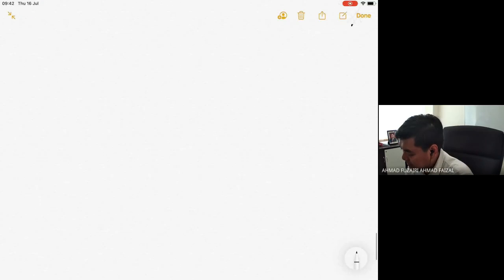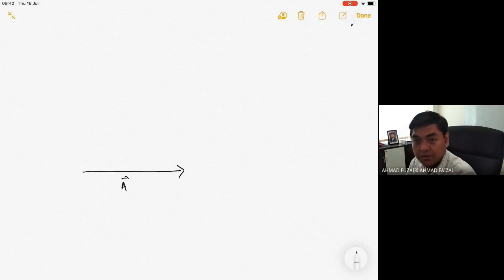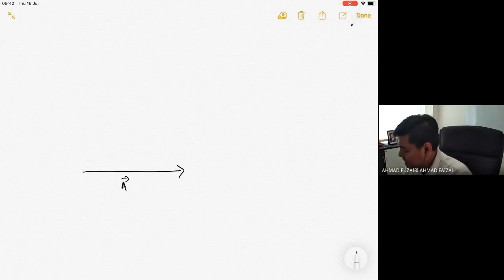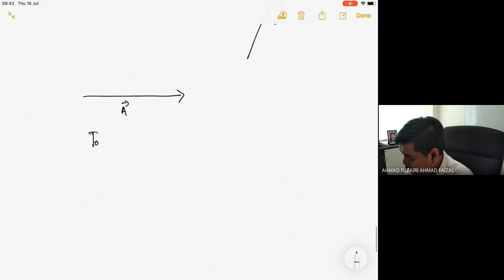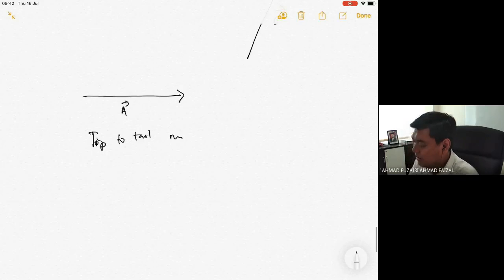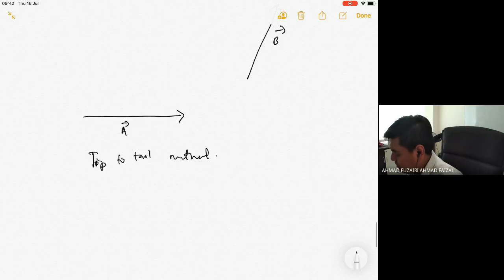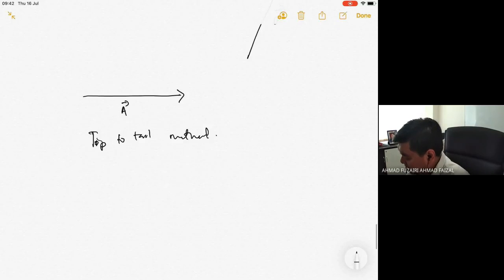Let's say you have vector A, and then you want to add another vector B. So what is the tip-to-tail method? This is one way to produce a resultant vector.